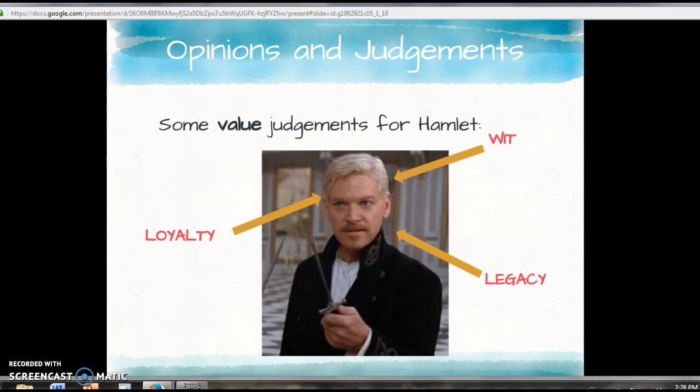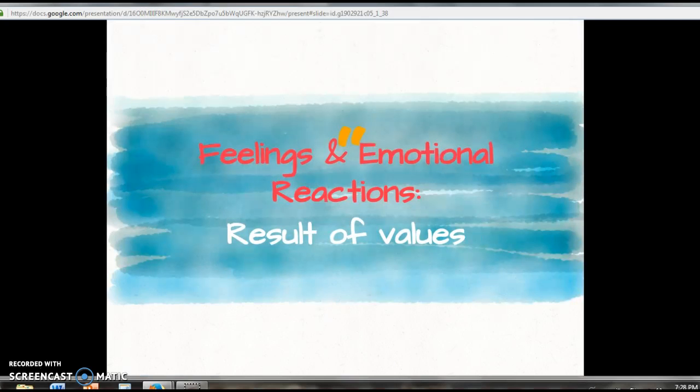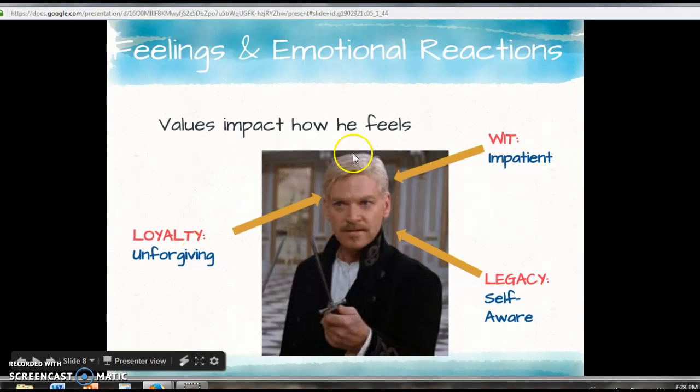So once we get a sense of what he thinks or how he judges other people, then we can start looking at his reactions. Because reactions are going to be a result of a character's values. So for example, if these are Hamlet's values, these are his reactions. So think about loyalty.